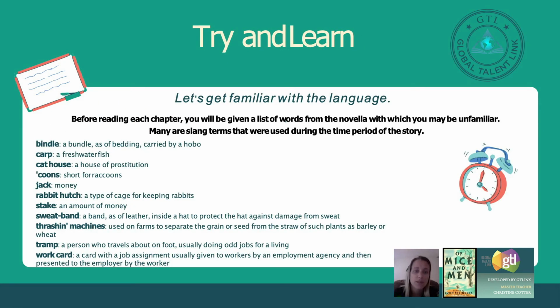Before reading each chapter, you will be given a list of words which you may be unfamiliar with, and here we have a slide giving you some of the vocabulary words. Trust your gut when you come across a word. Keep going for another sentence or two to see if the paragraph gives you any hints or clues towards what that word might mean.